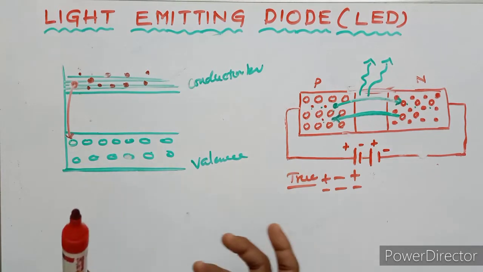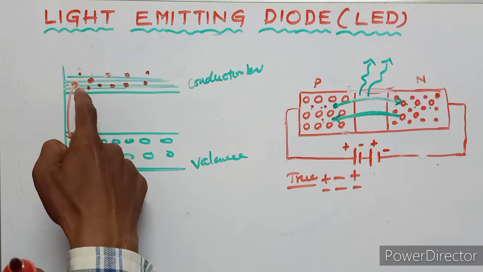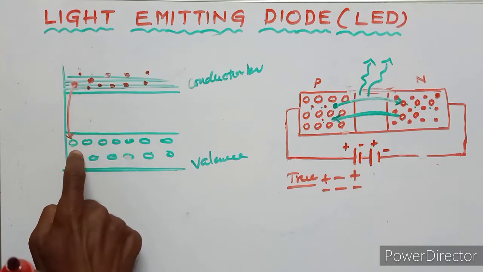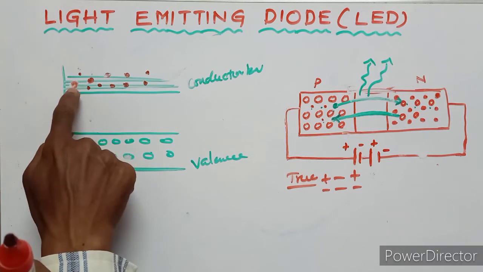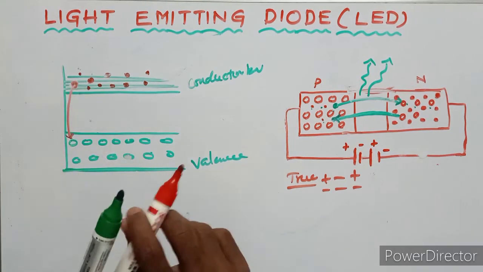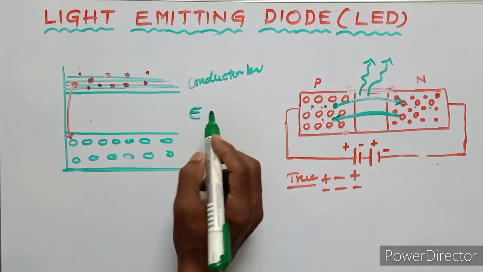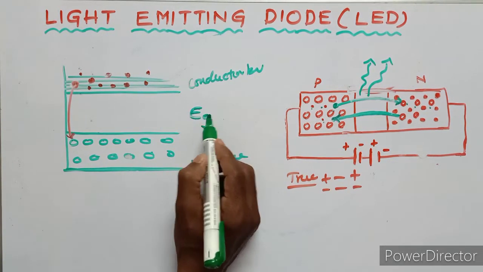So if a free electron jumps towards a hole, the free electron requires some energy. The energy is approximately the energy gap.